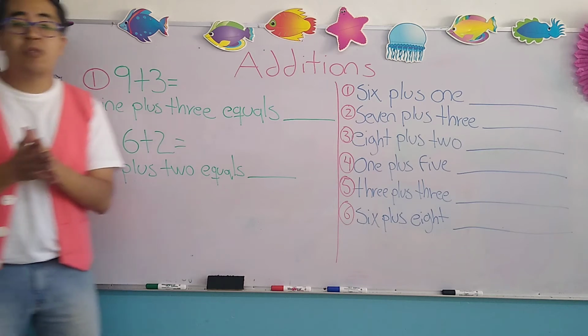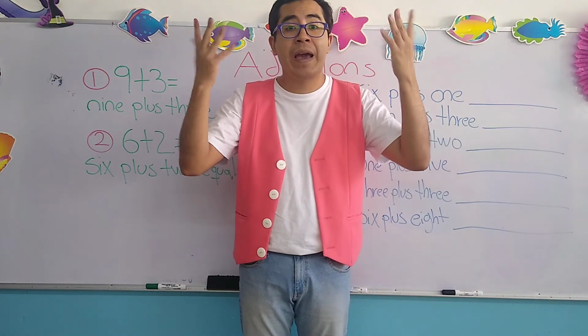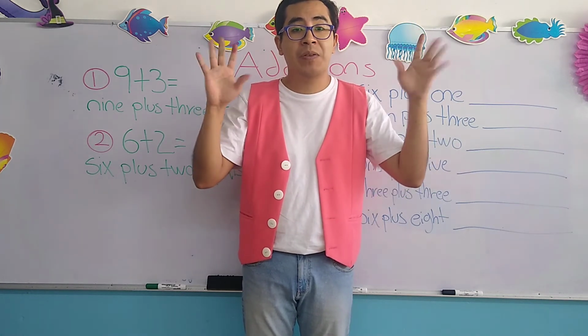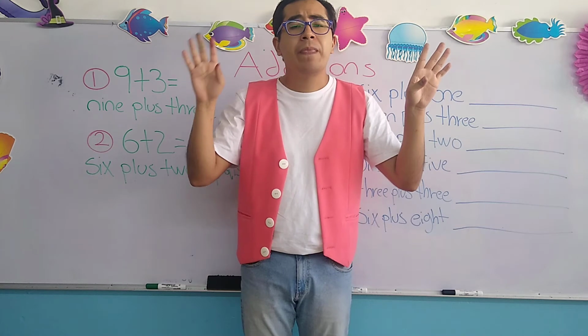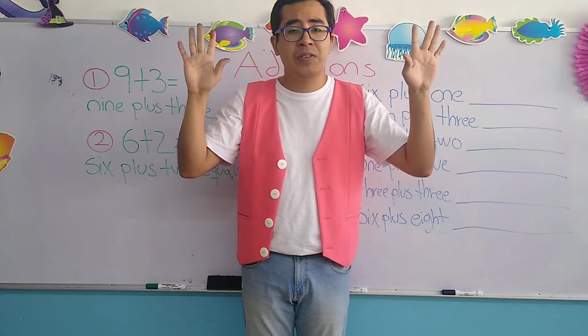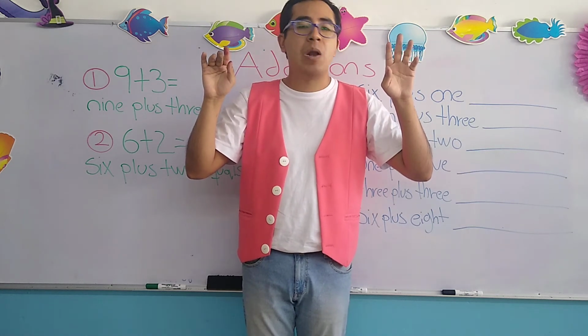Now, one of the easiest ways to solve additions is using the hands. Okay, uno de los métodos más fáciles es utilizando las manos. For example, 2 plus 2, we can use the fingers to count, okay? So 2 plus 2.